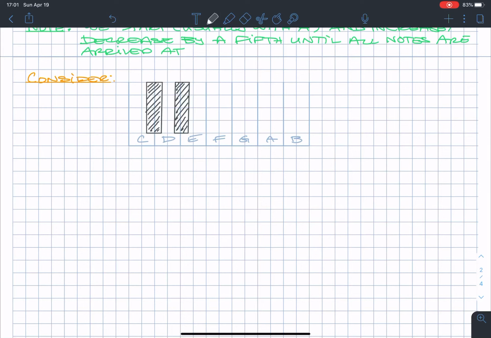So then we go to F sharp. Suppose you could call it G flat, but don't really hear that very often either. Then we have G sharp or A flat. Then B flat or A sharp.